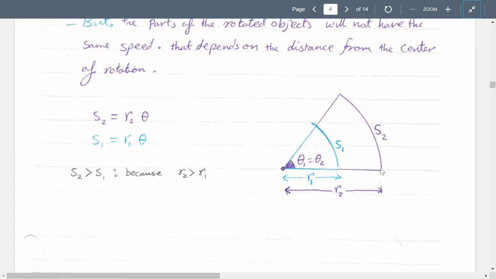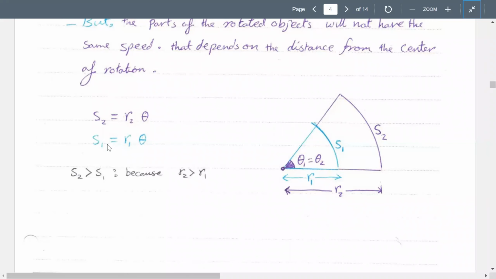If we need to find the ratio between them, we can see that from here. S2, as we saw before, we can compute as the radius multiplied by the angle, theta 2, which is equal to theta 1 for S1. So S2 and S1 have the same angle, but they have different radii.